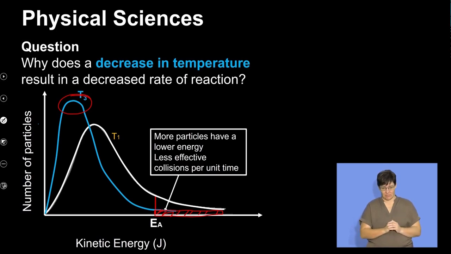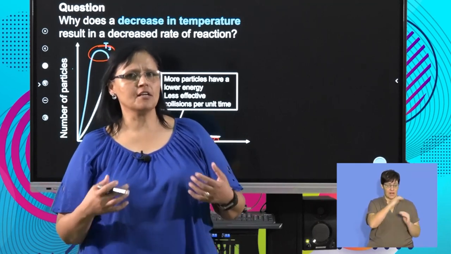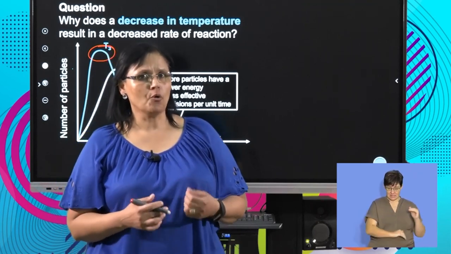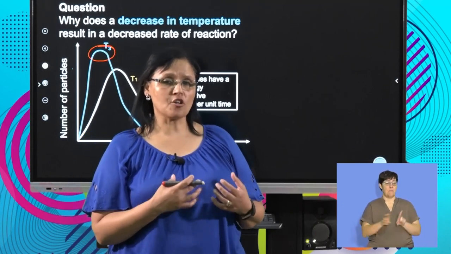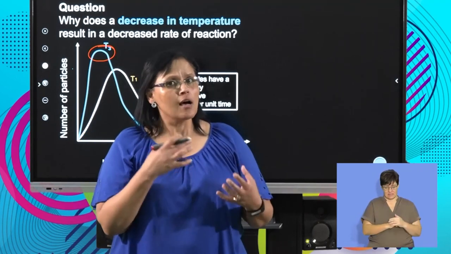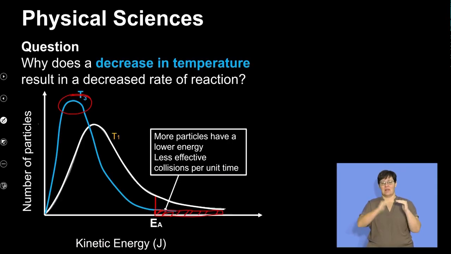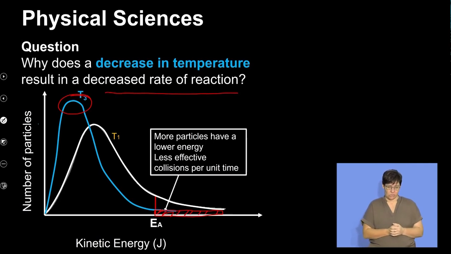That is why if we look at a decrease in energy, there's a decrease in the average kinetic energy, there's a decrease in speed, so we have less collisions, less colliding with each other, less effective collisions, and therefore we have a decreased rate of reaction.